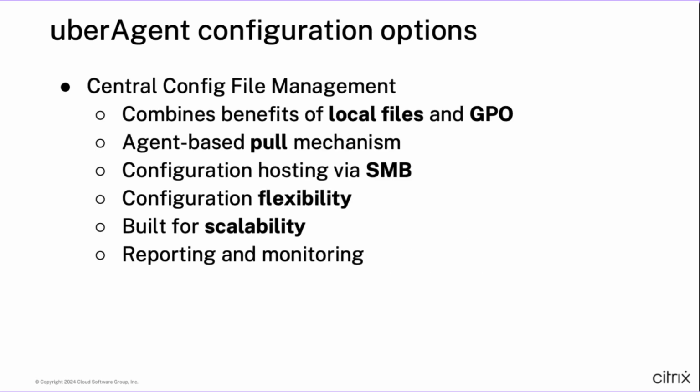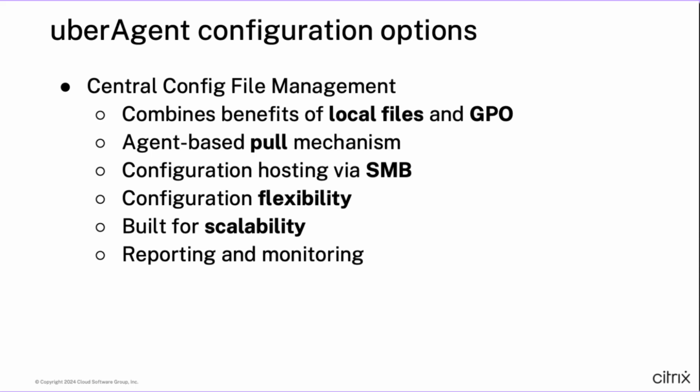Instead, we created another feature that is called central config file management. It's our approach to combine the benefits of local config files and group policy objects. It's an agent-based pull mechanism where the agent pulls its configuration archive from an SMB share, where the whole configuration bundle is shared for all endpoints. And it also offers configuration flexibility.